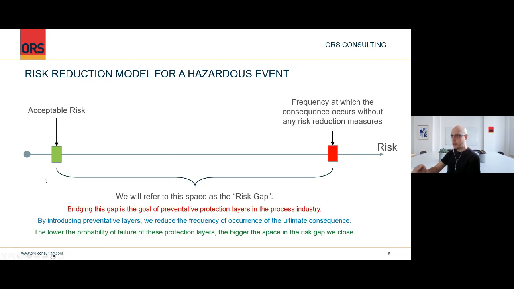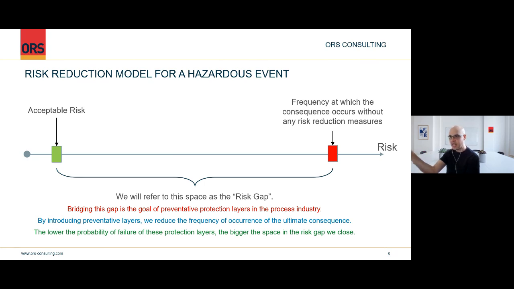The first thing we need to define is how many times per unit of time that event could occur within our process, within our system, right? The gap between the unmitigated risk frequency and the acceptable risk frequency we refer to as the risk gap, right?